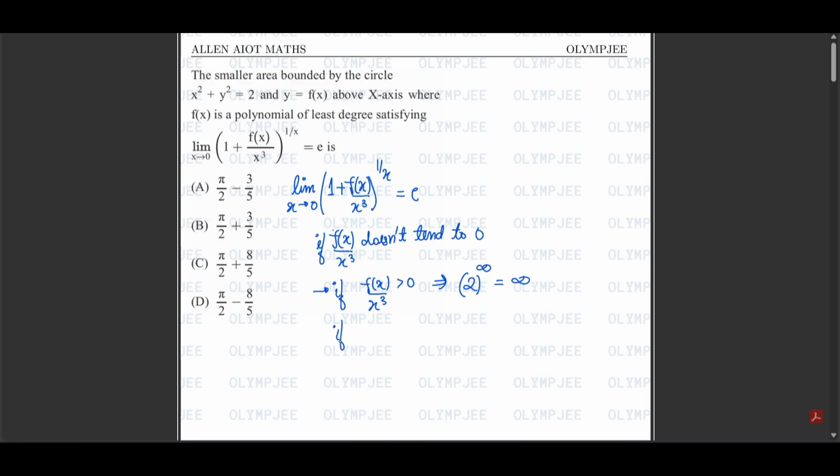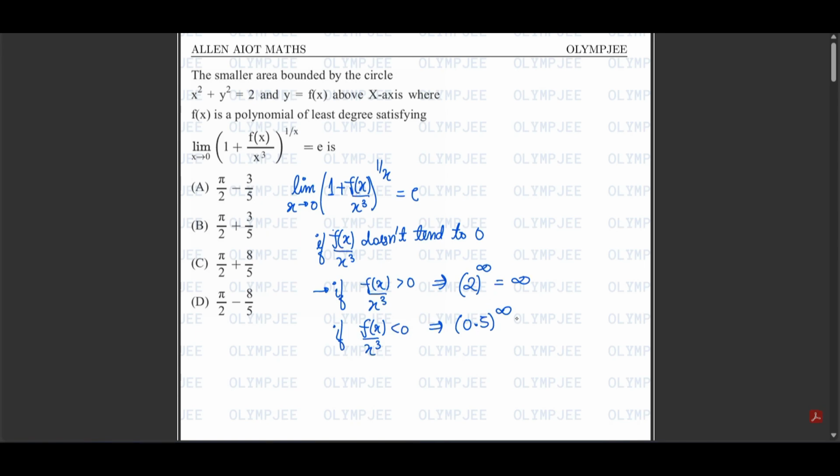And if f(x) by x cube is less than 0, then it will be 0.5 raised to the power infinity. 0.5 and 2 are just examples. This thing might be anything which is smaller than 1, right? Because f(x) by x cube is less than 0.